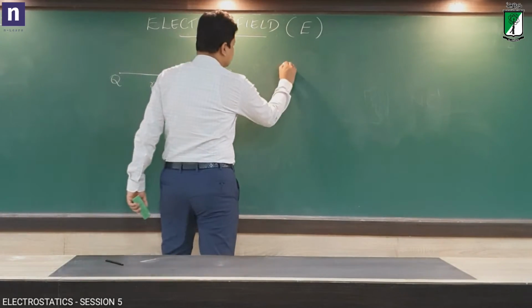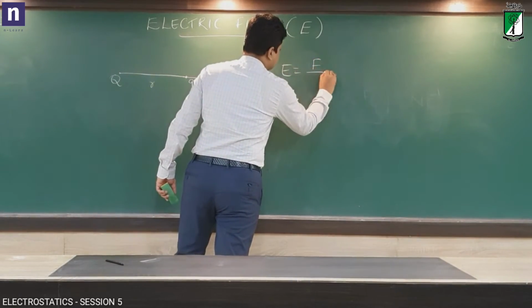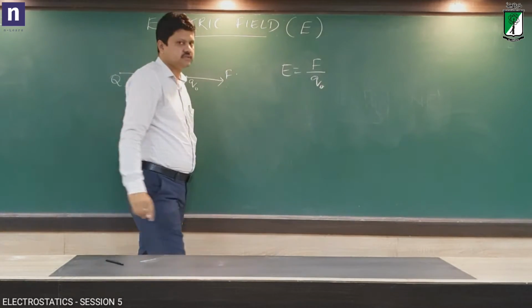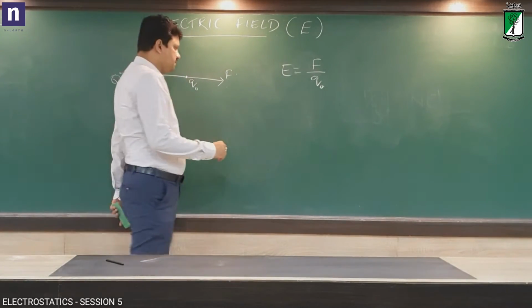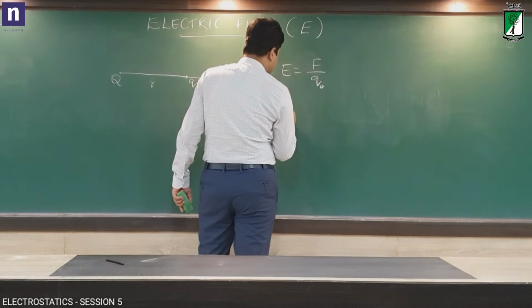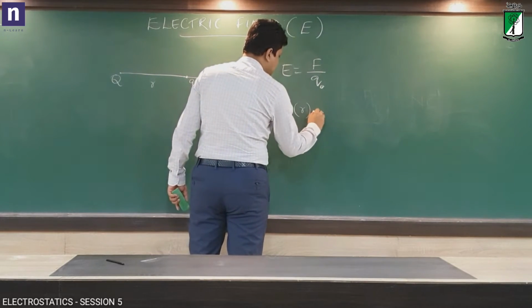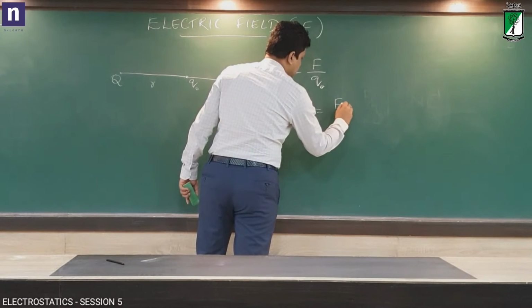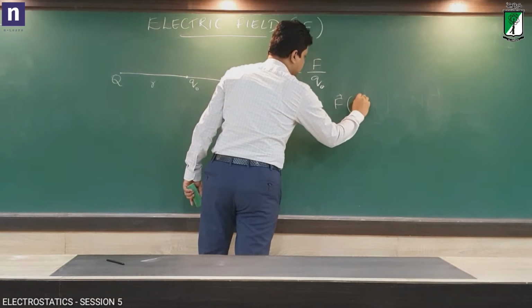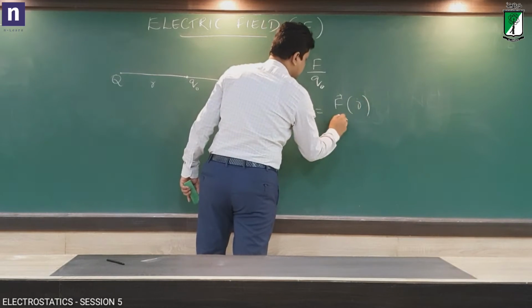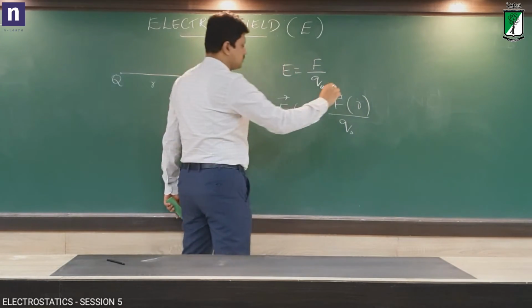So how do you get the electric field? E is equal to F by Q naught. In vector form, this is E as a function of r is equal to F as a function of r divided by Q naught.